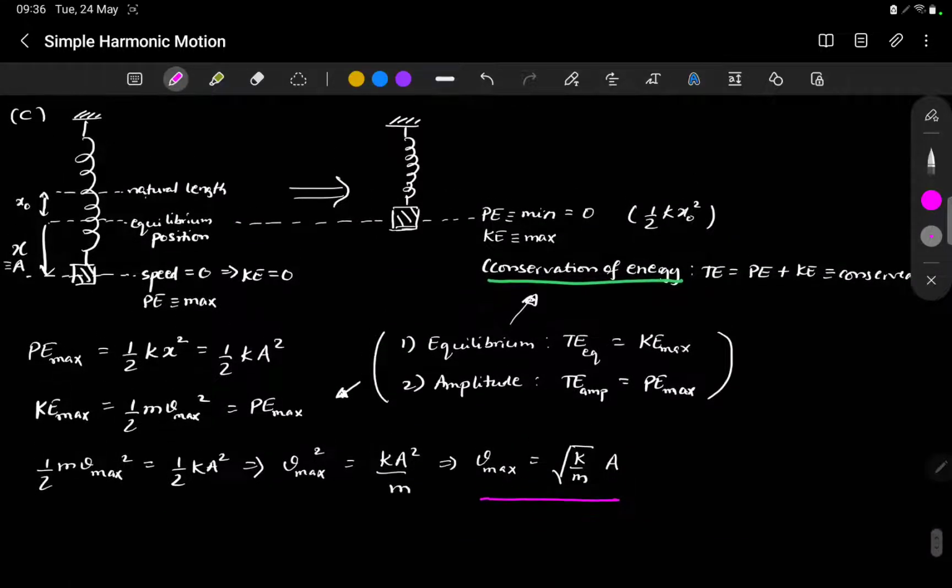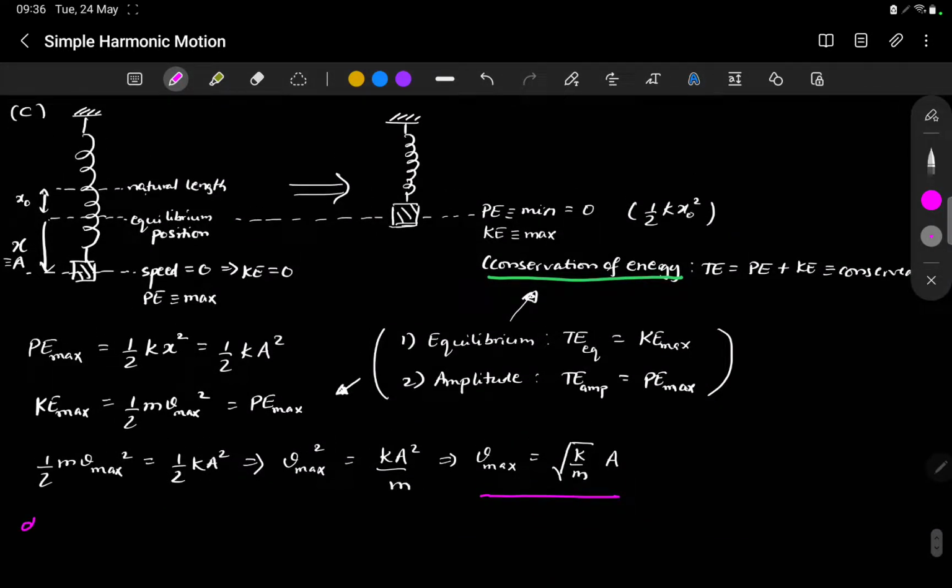So for the highest point, the block will rise a distance of A above the equilibrium position.